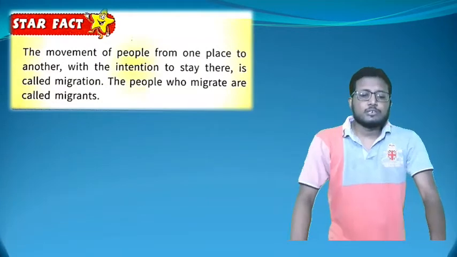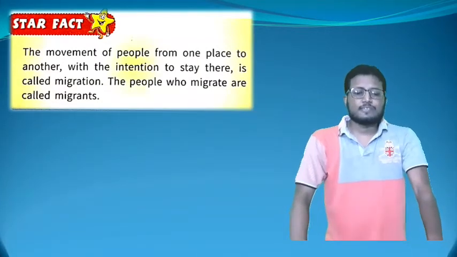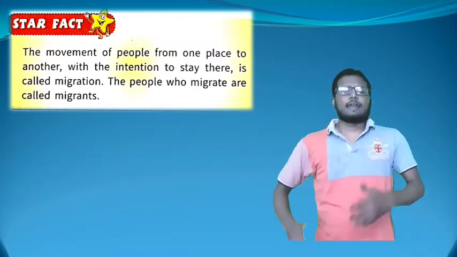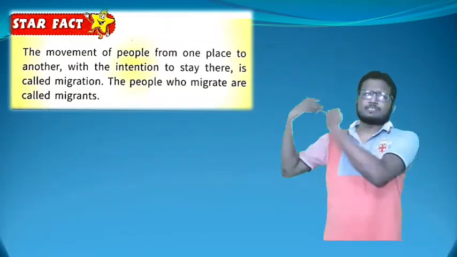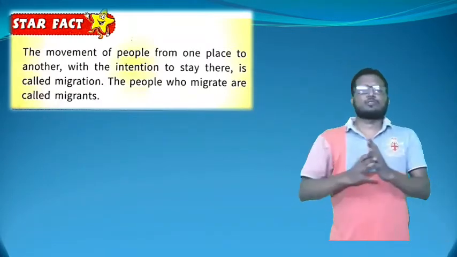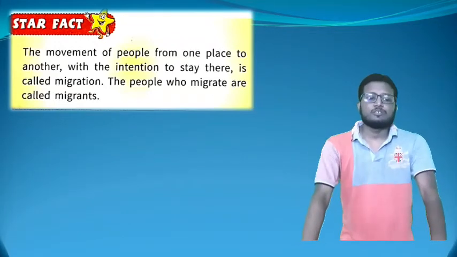The movement of people from one place to another with the intention to stay there is called migration. That is, I am going somewhere else and I have the intention that I will never come back here again, I will go there and stay there. This type of intention, this planning, this type of thought, is called migration. And the people who are thinking like that are called migrants.